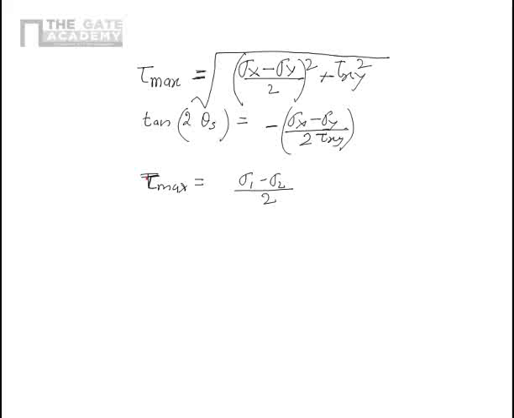So let's say I take a very simple example. I have a machine element which is having 100 Pascal stress in x direction and 100 Pascal stress in y direction.